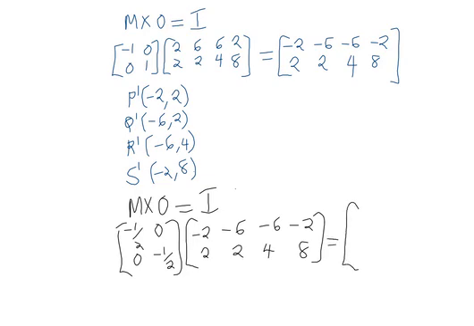First row by first column, we have negative half multiplied by negative 2 plus 2 multiplied by 0, which will be positive 1.